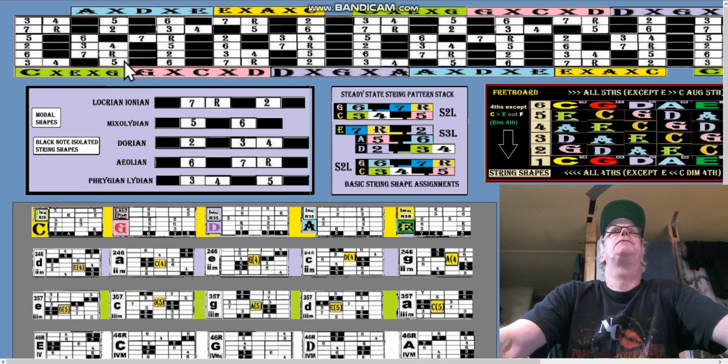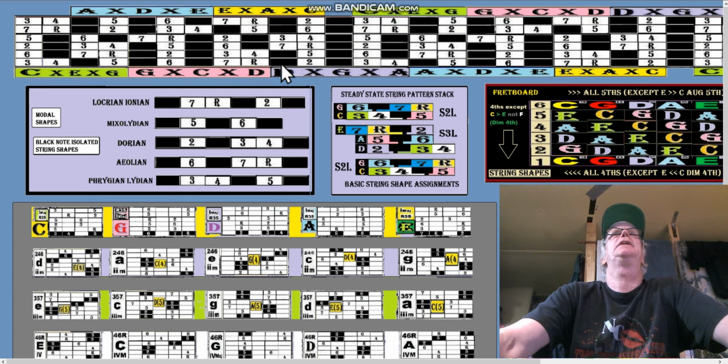So there's your 3, 4, 5. There's your 6, 7 root. They count right along. There's your 2, 3, 4. So we know we have that isolation, that accidental, that bookend isolation kind of thing. We have the bookend isolation here between these two shapes.